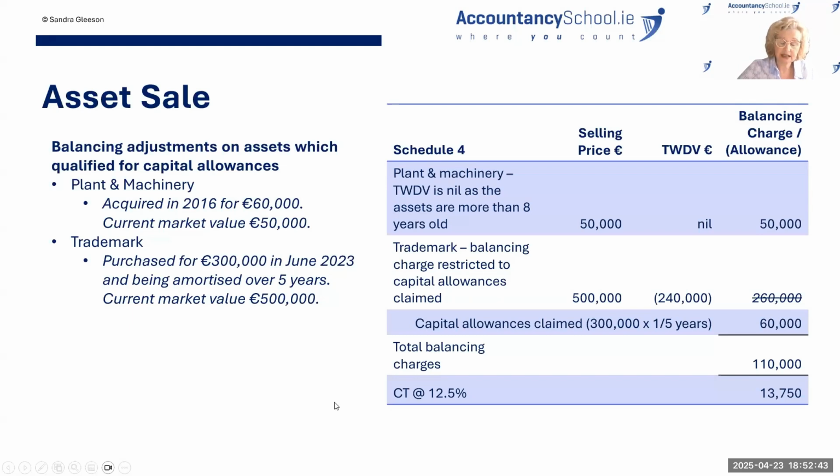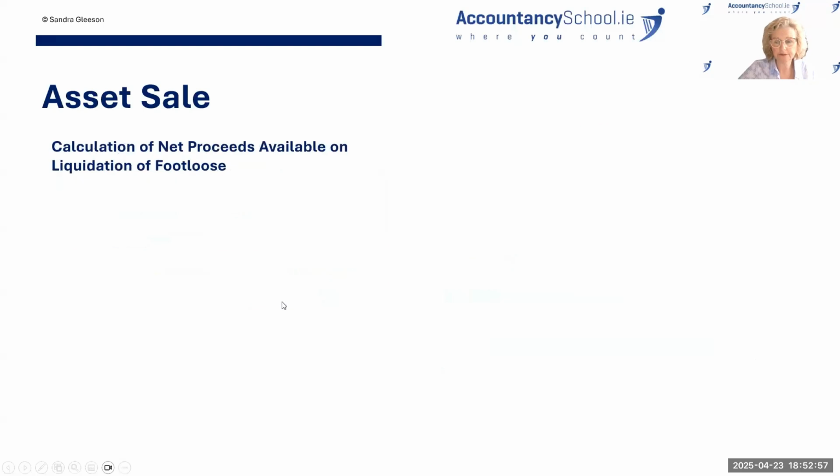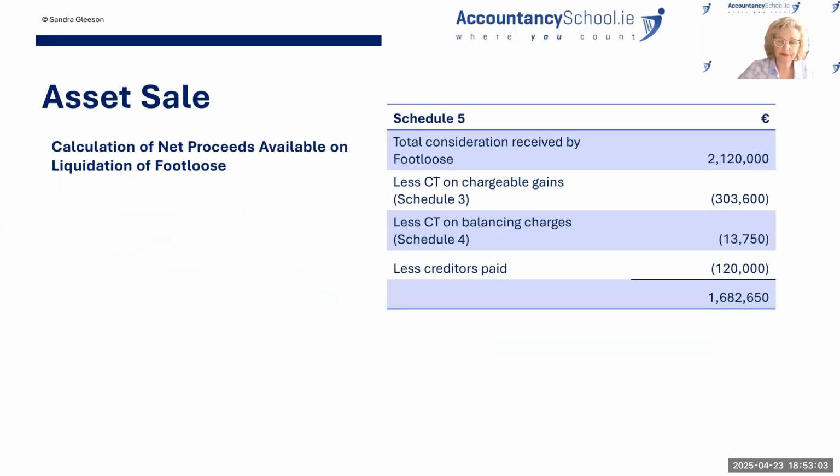So now we've identified the tax costs for Footloose Limited of the disposal of the assets. We need to now work out how much is left in the company to be paid back to Mr. Strike. So the calculation then of your net proceeds available on the liquidation of Footloose.